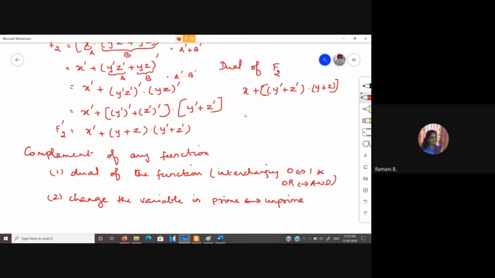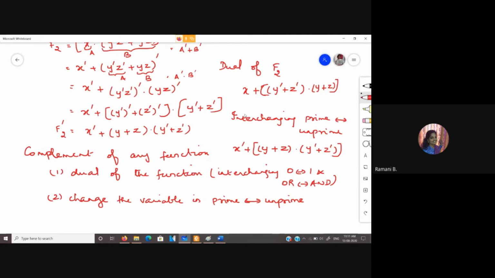So interchanging primed and unprimed variables, you will have x bar plus y plus z dot y bar plus z bar.